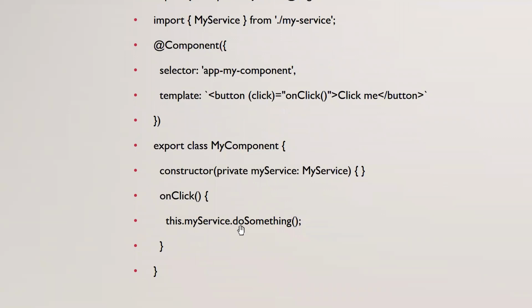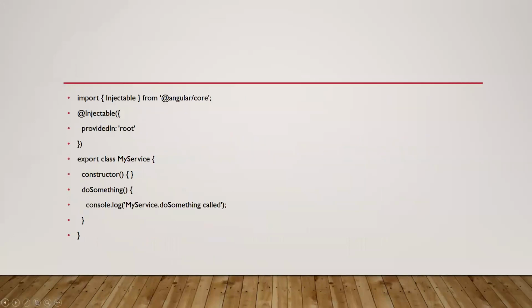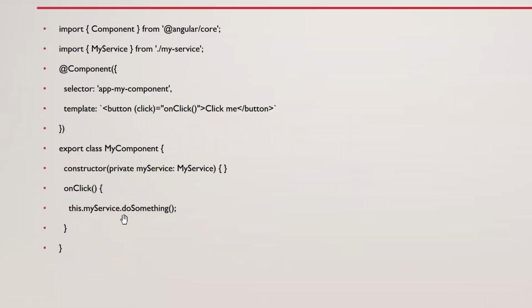So here in this MyService class, I am having doSomething. This is the function, and I am going to call this function from the component here, like this.myService.doSomething. This is the place where I am going to call it.